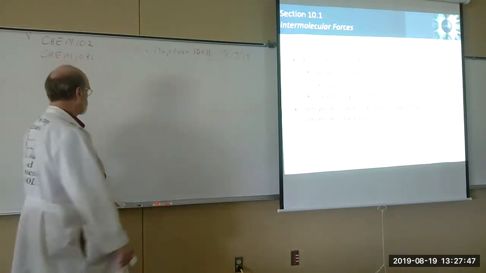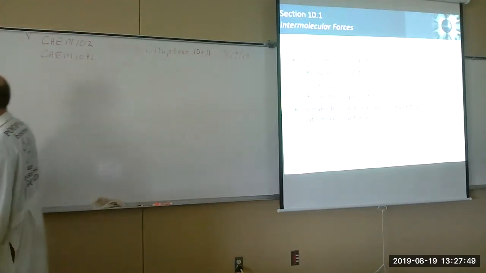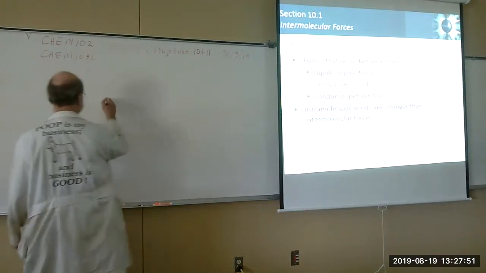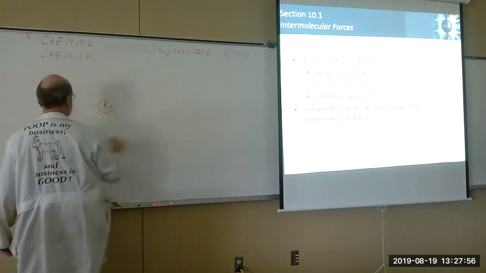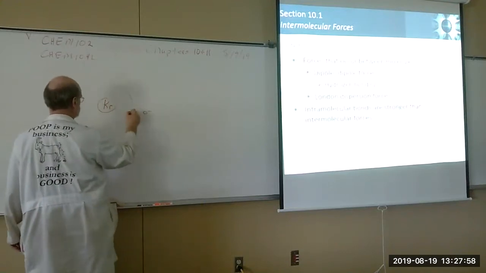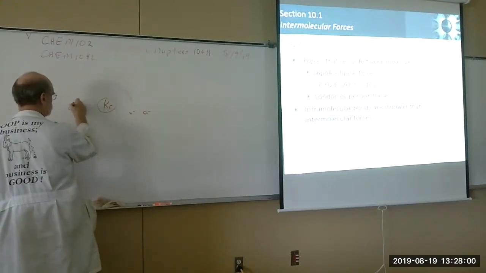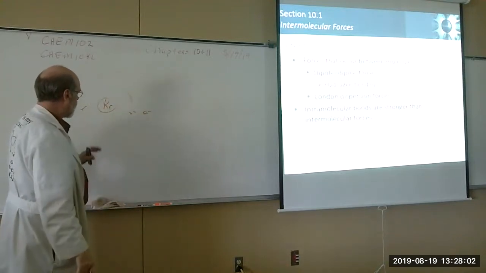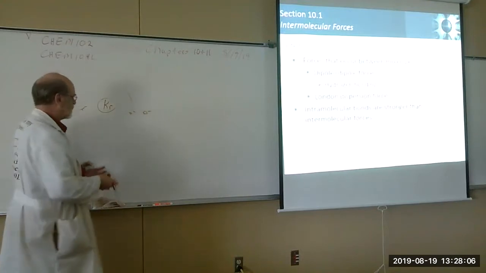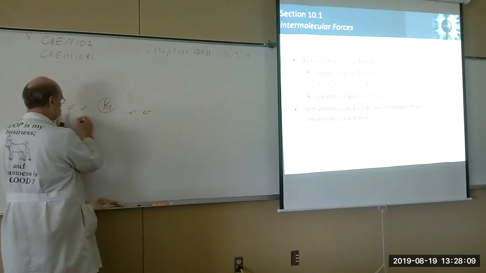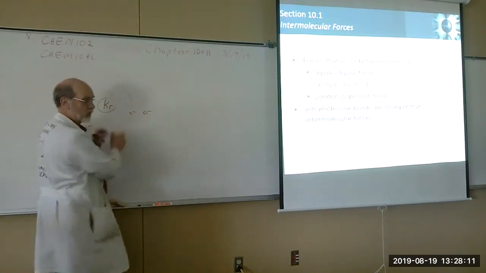Right? So let's take a big atom, like Krypton. So we've got these electrons out here. I won't draw all of them. And what happens is, over an instant of time, more electron density is over here than there is over here.